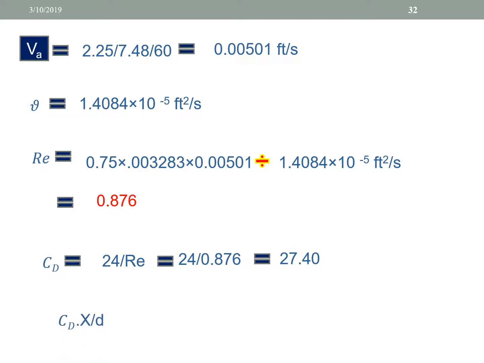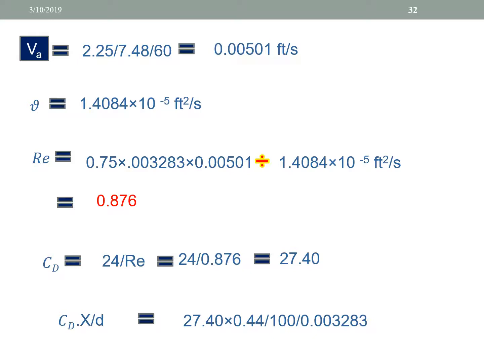Now that we calculated CD, we have to calculate the last parameter that we need for our tables, CD times x over d. CD we calculated here, that is 27.4, times x, which is the percentage retained on each sieve. So 0.44 is given in the table, but you have to divide 0.44 over 100. Why? Because that is per percent.